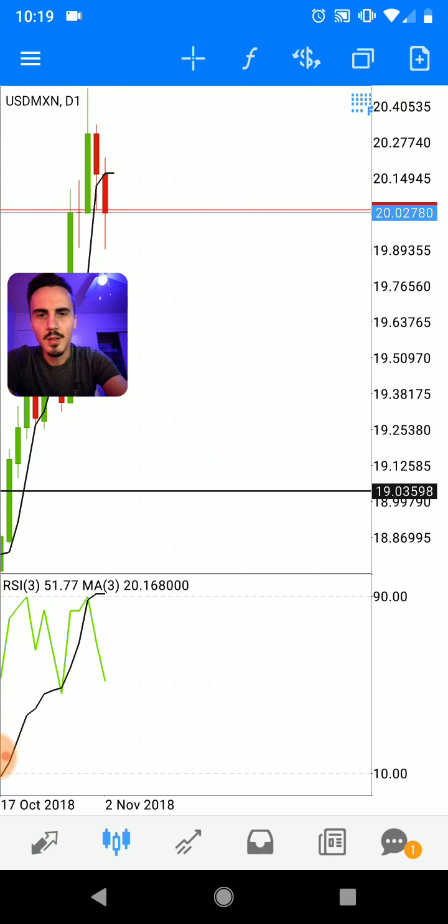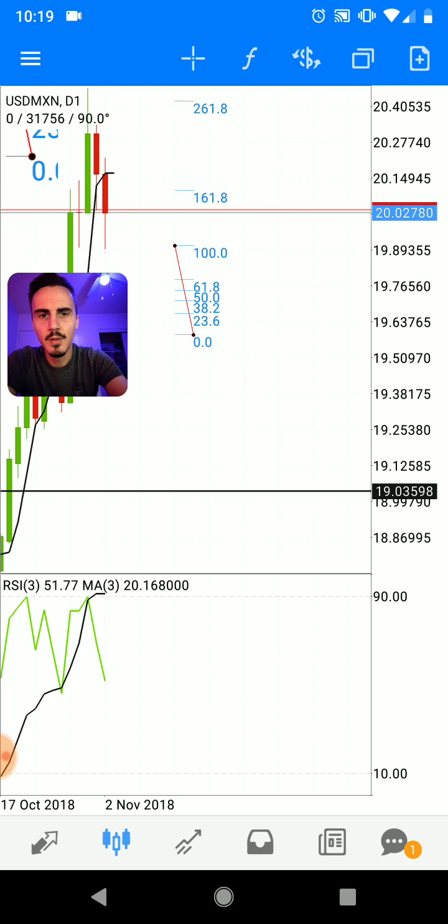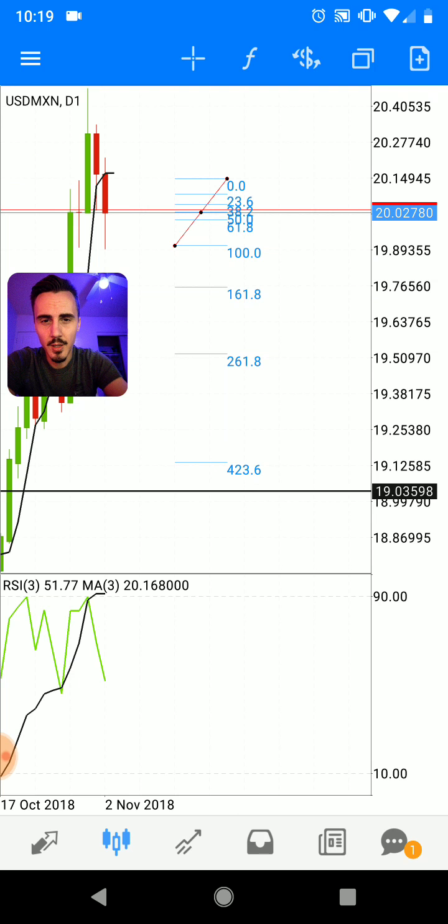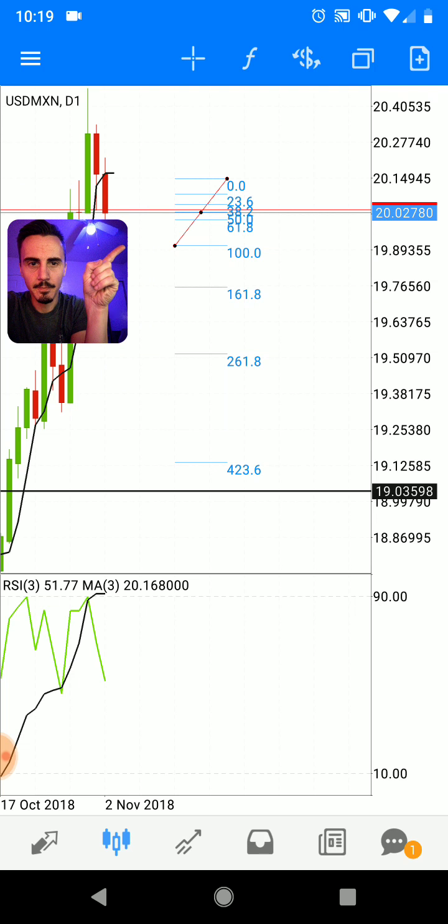You select the 100, right? And then you select a 0 point. It measures the distance between 100 and 0.